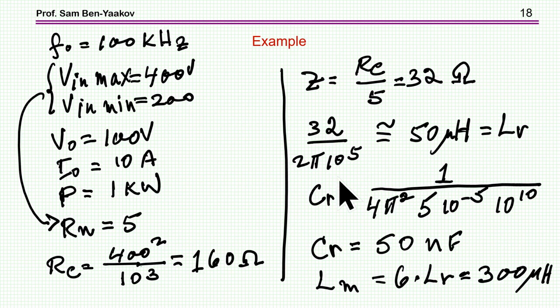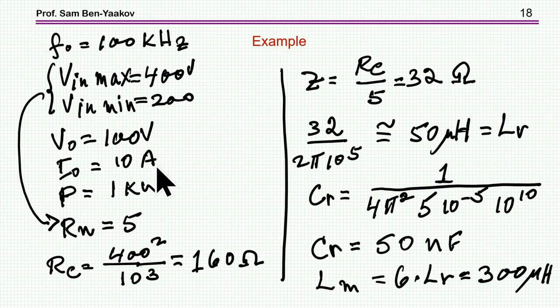That's it. So let's see now just a numerical example here, okay? Suppose I want the frequency, resonant frequency, to be 100 kilohertz. V in max is 400 volt, V in min is 200 volt, the ratio is 2. Output is 100 volt.